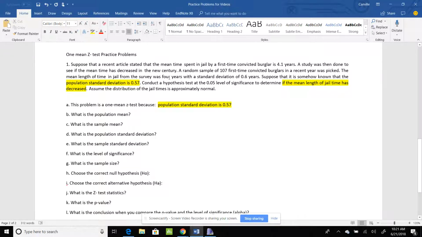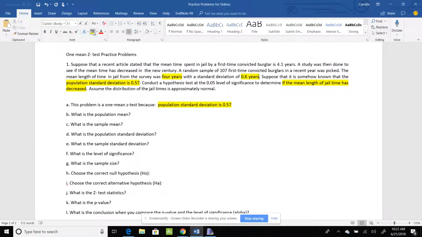Okay. So what's the population mean? This one sometimes is harder to see than the sample mean, so let's go look at the sample mean first. It says right here, a random sample of 107 first-time convicted burglars was picked. The mean length of time in jail from the survey was 4 years and a standard deviation of 0.6 years.